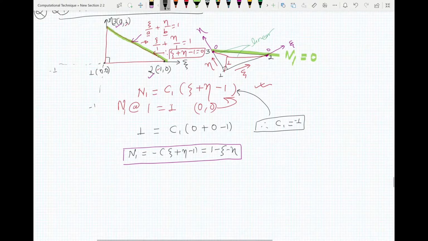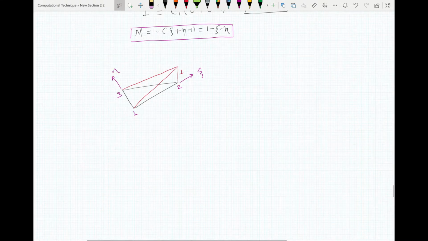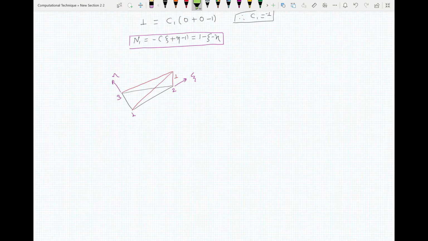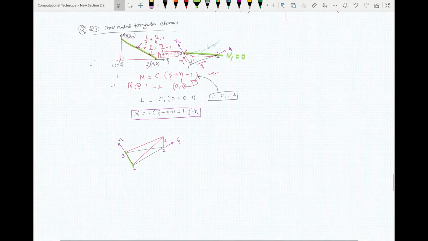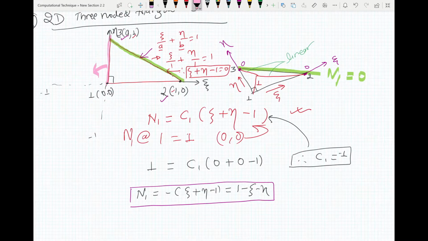Now when you plot your node 2, we have to find the equation of the line which contains these 2 points, because these are the only 2 points we are considering here, 1 and 3. Now the equation of the line that connects 1 and 3 is xi equals 0.